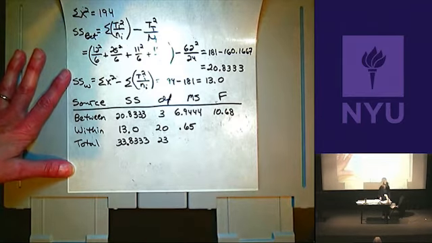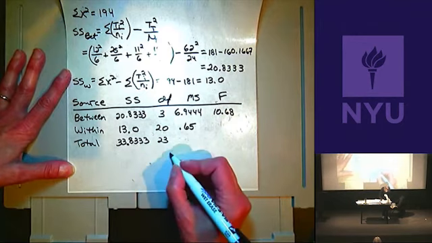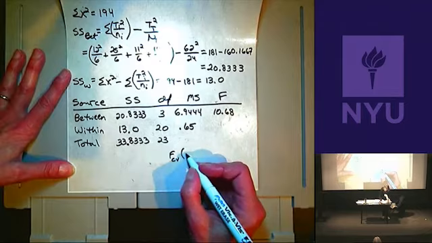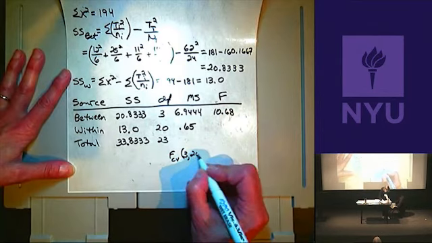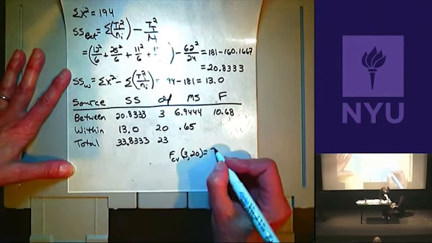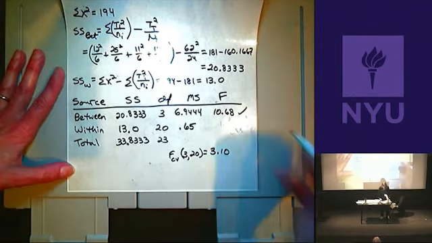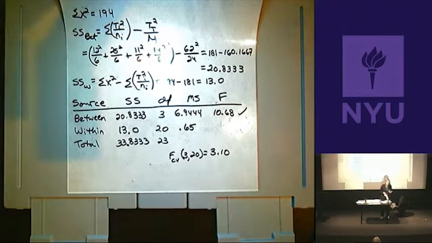I have to get an F critical value. With how many degrees of freedom? 3 and 20. So, what are our results? Significant, right? I reject the null hypothesis. There is a difference here. There's a difference in the ratings depending on the school.